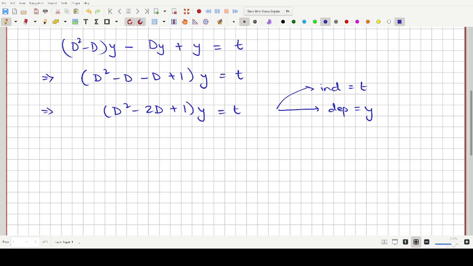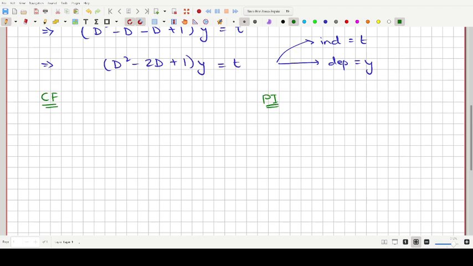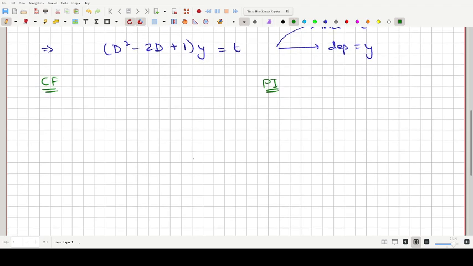So in order to find the solution of this, we shall first find the complementary function, CF, and also we will find the particular integral of this equation, which is PI. Now in order to find the CF, we need to write down the auxiliary equation. The auxiliary equation is as follows.